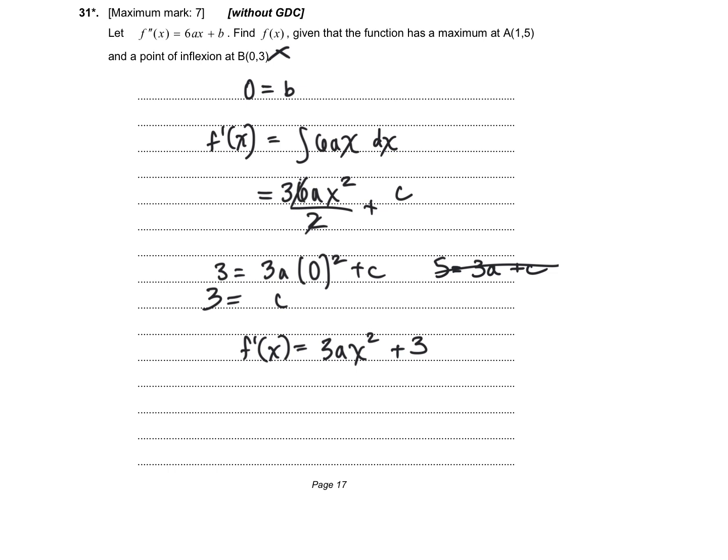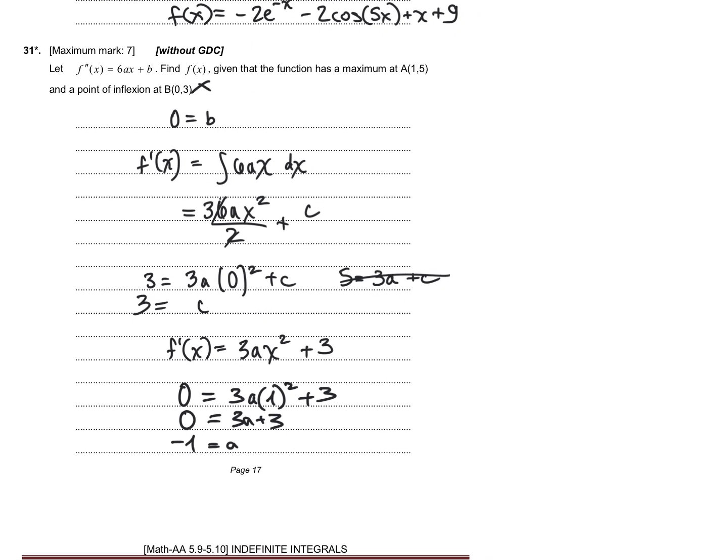Oh, no, sorry. It's a maximum at a, so the first derivative is 0 at x equals 1. So that's going to be 3a plus 3 is 0. So subtract 3, divide by 3, a is negative 1.